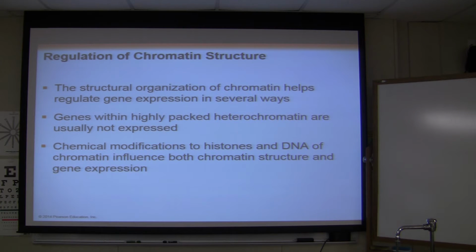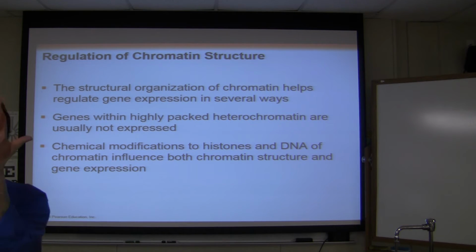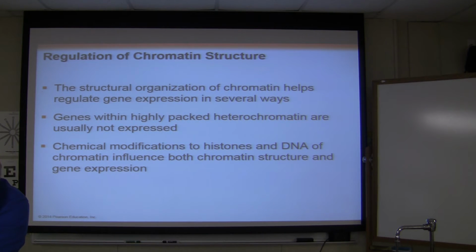Okay, regulation of chromatin structure. The structural organization of chromatin helps regulate gene expression in several ways. Genes within highly packed heterochromatin are usually not expressed. I talked about this, the heterochromatin. When the chromosomes are packed together, there is no transcription or translation.